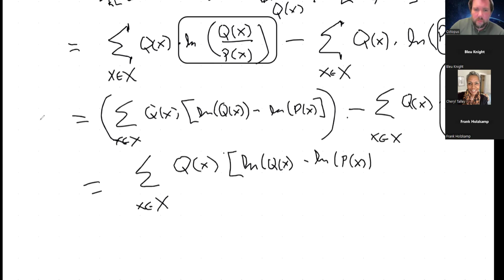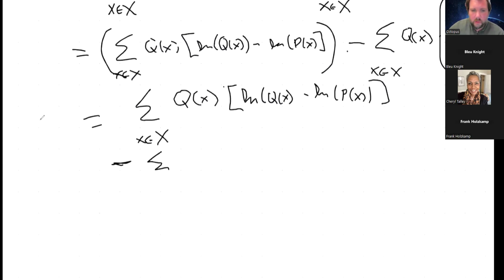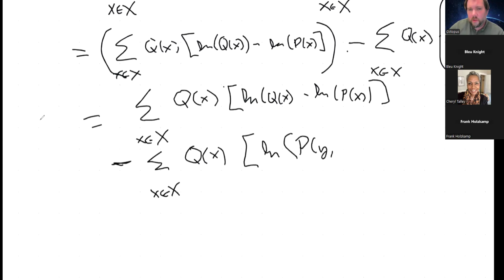And then this new term where I'm introducing the log property becomes natural log of p, the joint distribution here, minus natural log of p of x. Can you see what's going to happen? There are a couple of terms that will cancel once we write everything out.